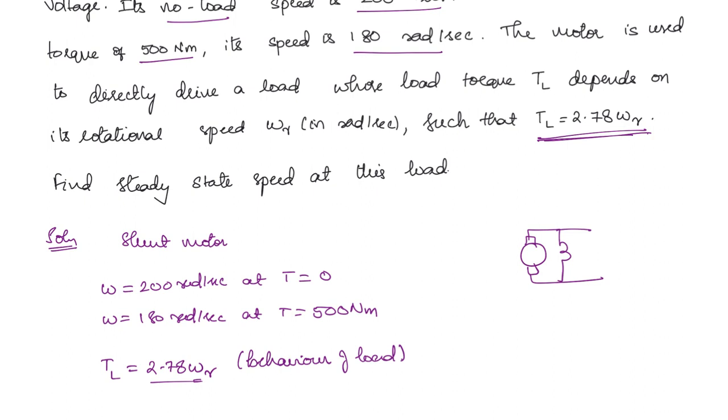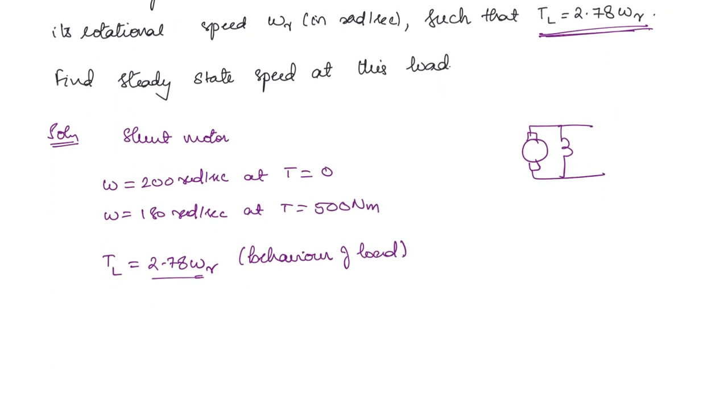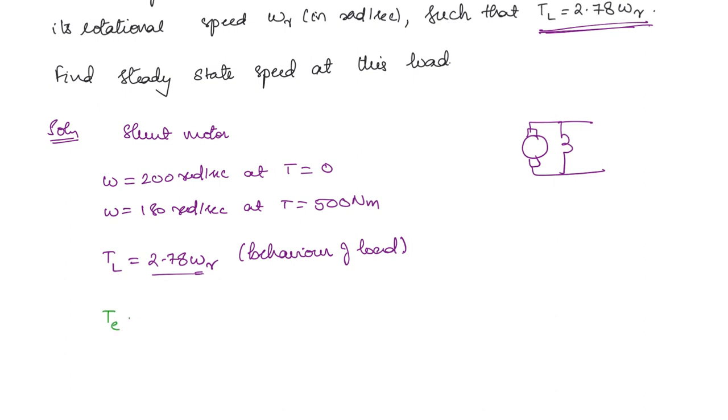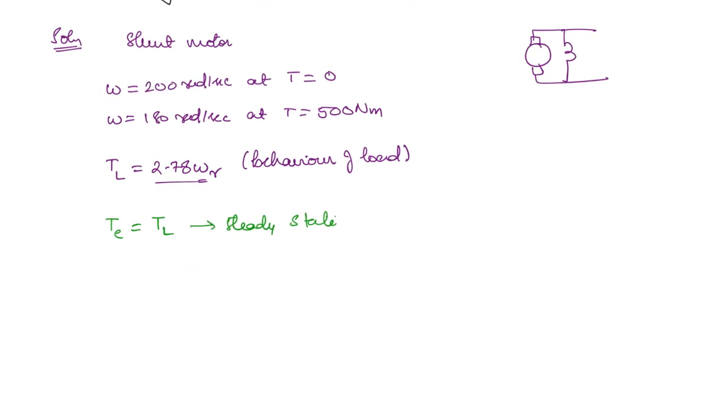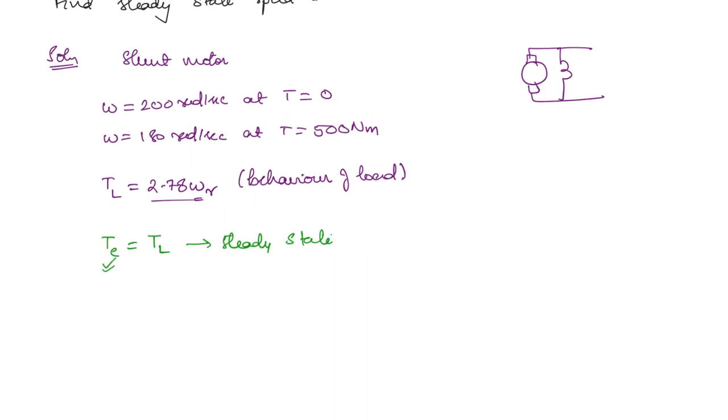Okay. So like we have discussed in speed control, there will be electromagnetic torque that will be developed by the motor, and whenever the electromagnetic torque and the load torque are differing, then the speed will be varied until they become equal to each other. So this is the steady state. Okay. But you consider it like this has one kind of graph, this is another kind of graph. So graphically, the point of intersection of both of them will give you the steady state condition.